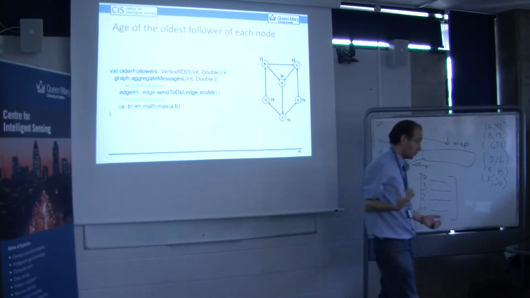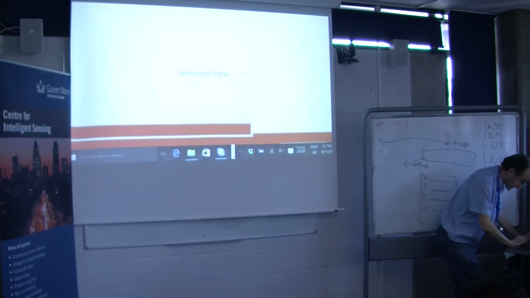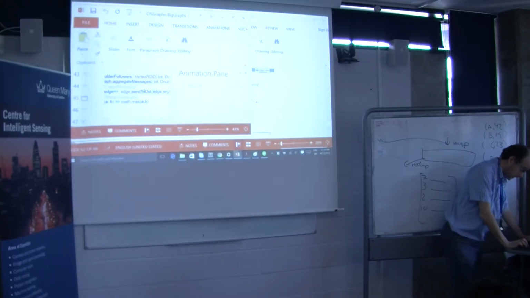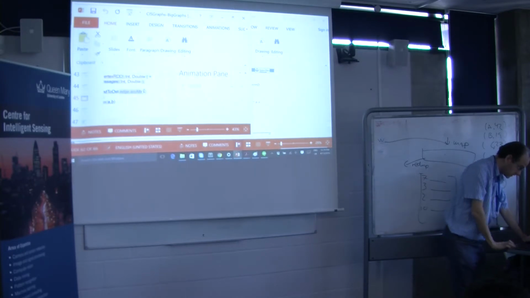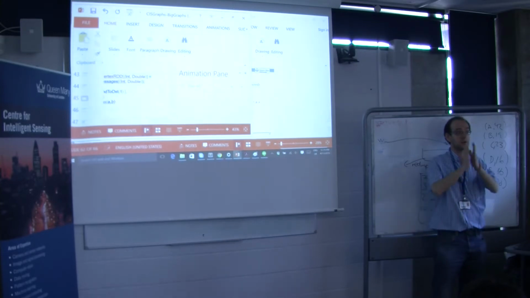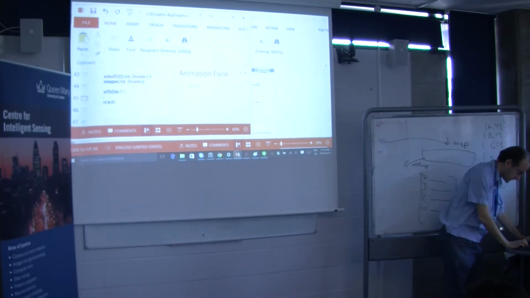Well, if I want to compute that, I only need to express what I need to send, and in this case what I would need to send to the destination is a value of 1, because I am sending one message through it.